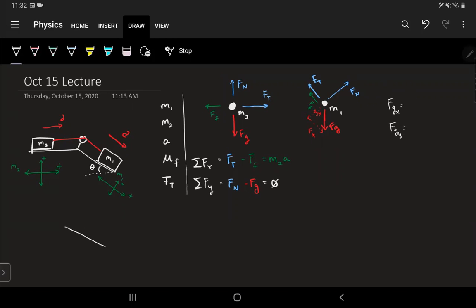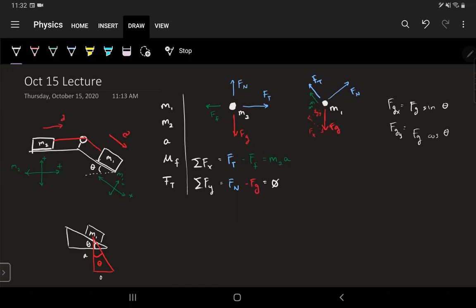If we make this out to be a box of M1, and we have theta, then the force of gravity acting upon it, that means that this angle is also theta, right? So the opposite is the x, so it's Fg sine theta. The adjacent is the y, so it's Fg cosine theta, or y.